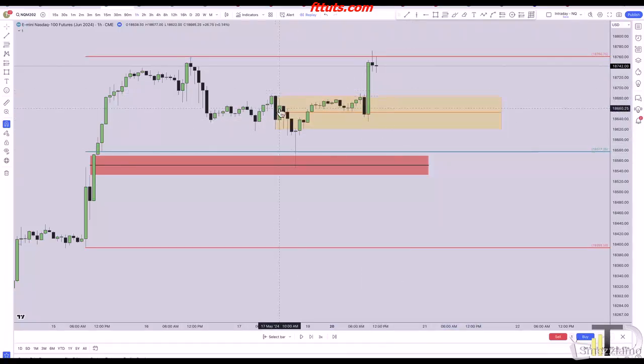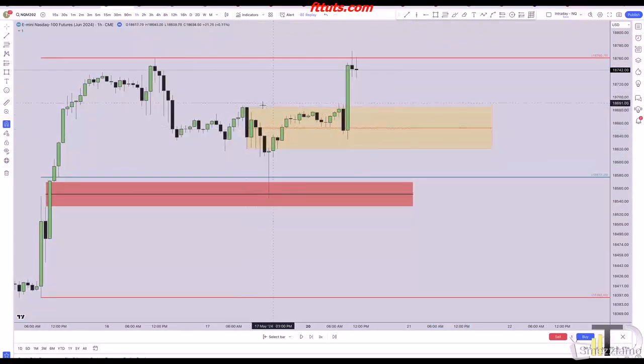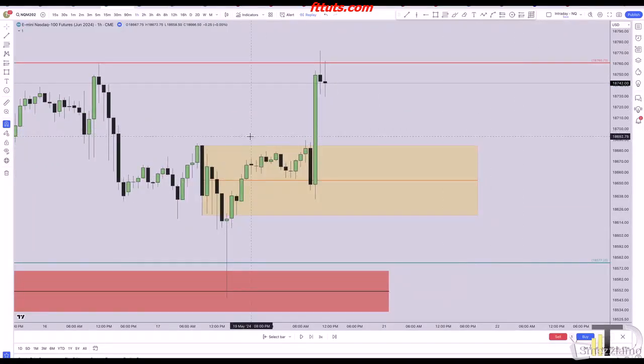Now you can technically look at the high to the low of the candle to be an order block, but also what you will see is many a times the body of the candle is where you will see the maximum reaction.